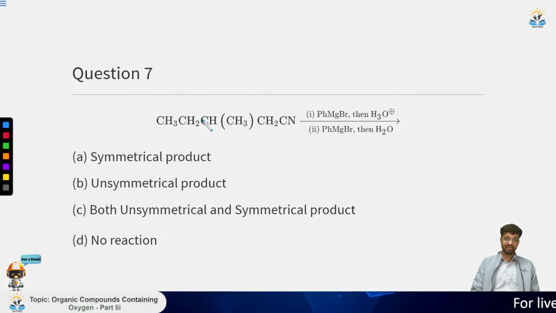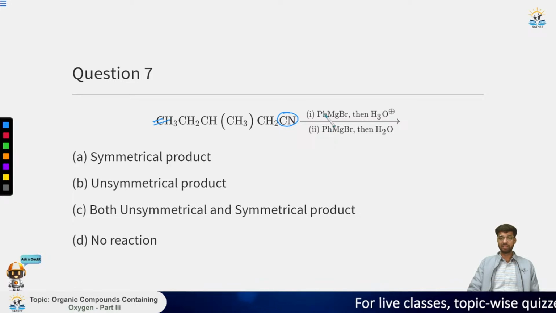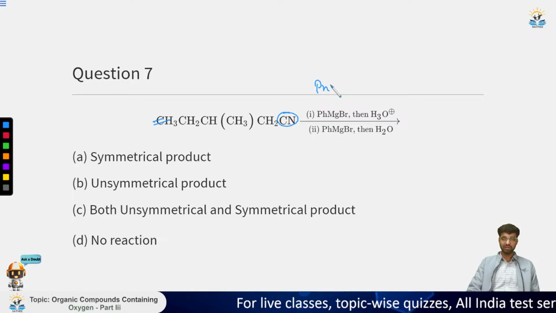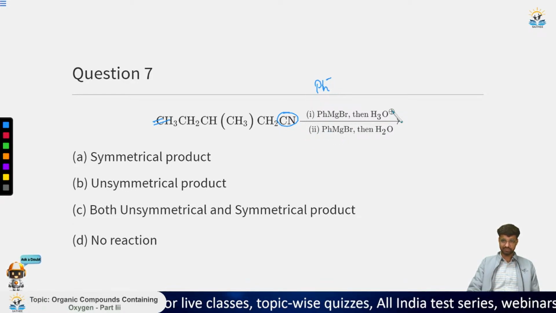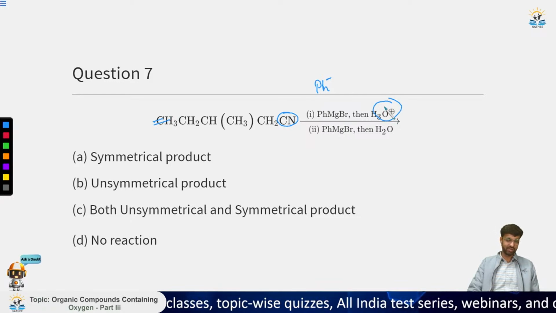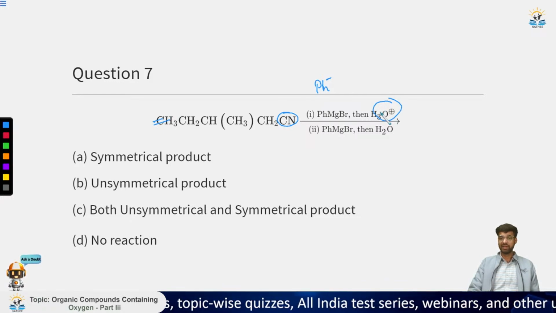Now next we have this reaction, CH3CH2 with a nitrile group. I have told you earlier that this CN is nothing but an electrophilic center, and the PhMgBr has a phenyl as nucleophile. So it will attack this nitrile group. Again we will do the hydrolysis, that imine group will be removed and we will have an aldehyde.